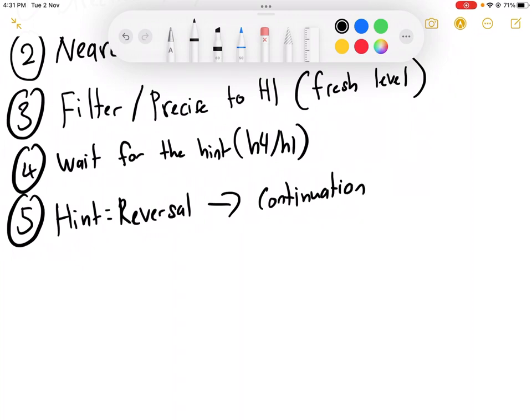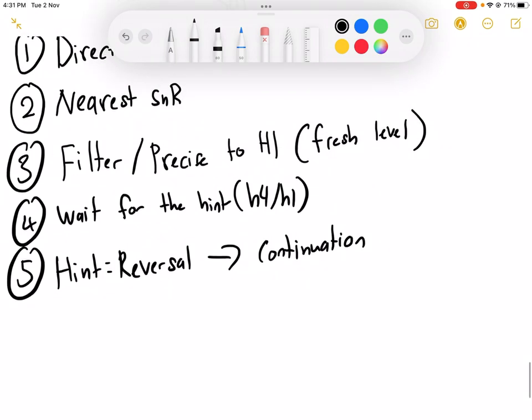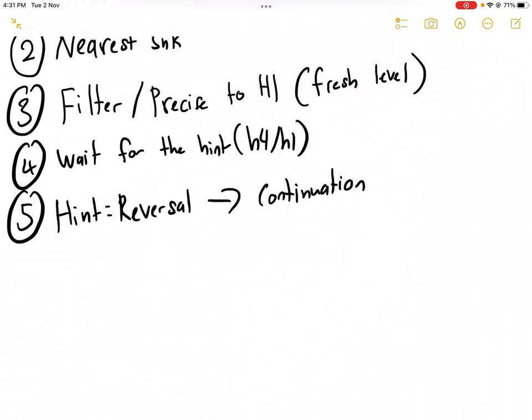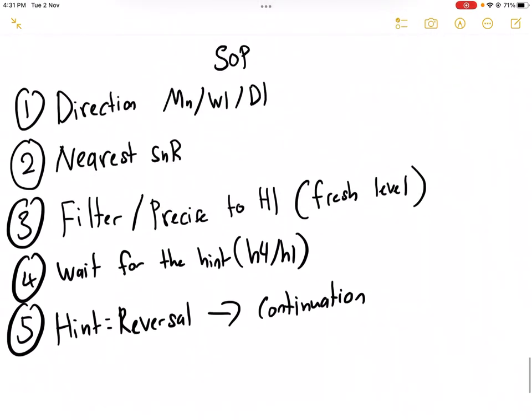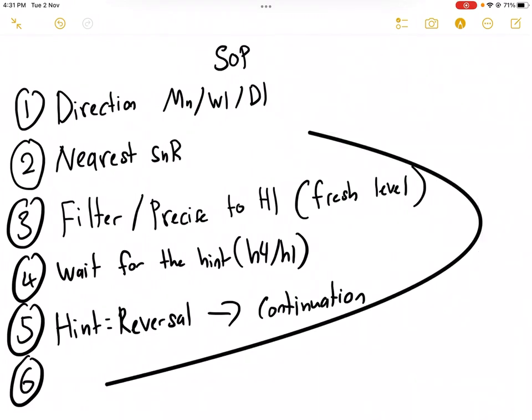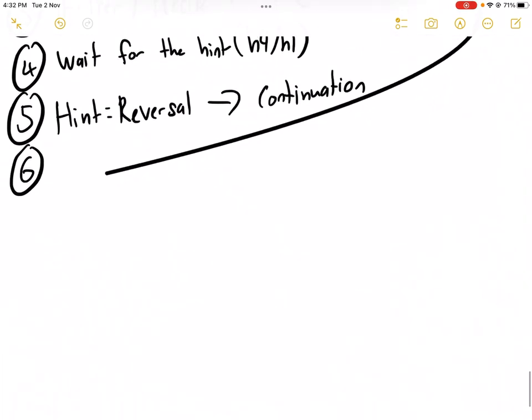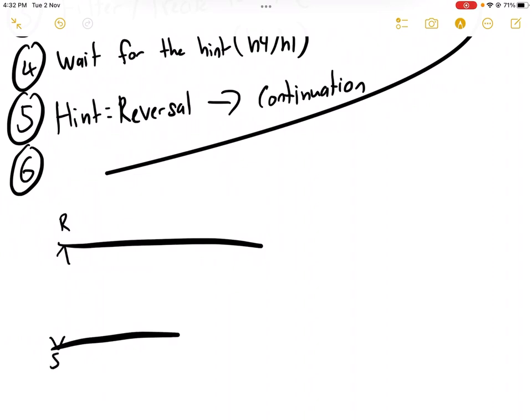So the same thing repeating. Number 6, back to here, because we go from level to level, for example, resistance to support. When the price approaches this resistance, it needs to go to support, and the same thing repeats.